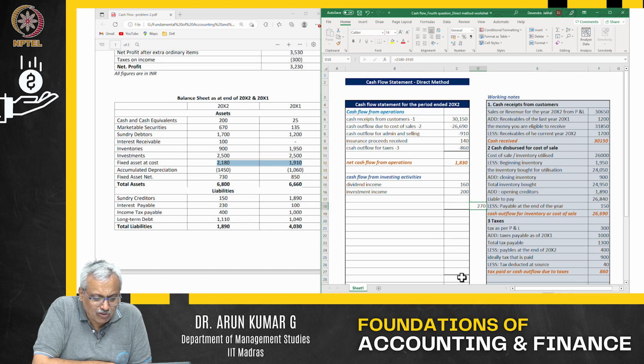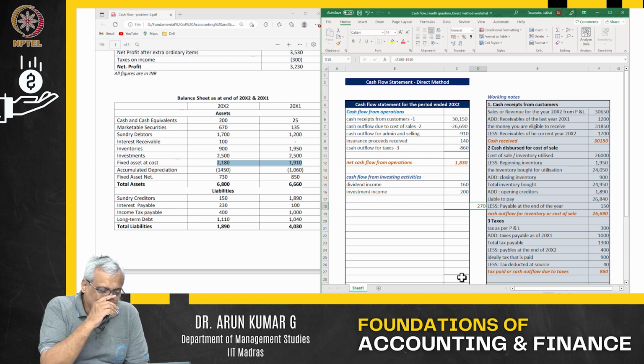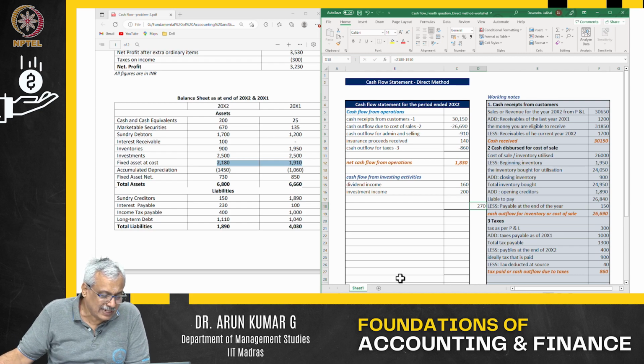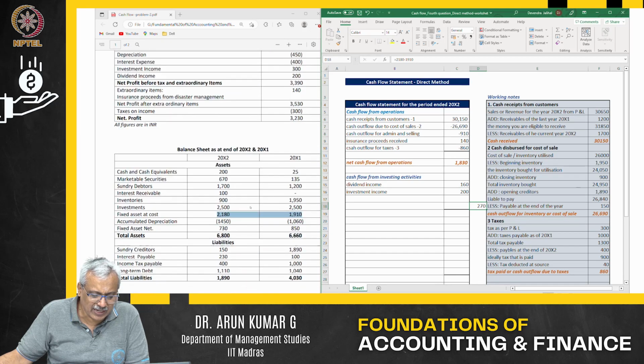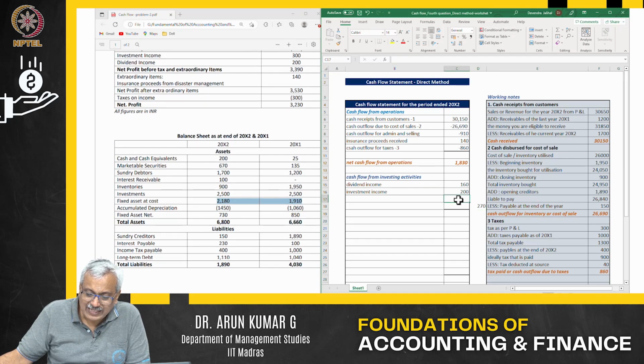Is there a cash outflow of $270? Well, yes and no, because I do not see any long-term liability payable because of fixed asset purchase. So in a way, yes, that is the amount of cash that should have ideally gone out for purchasing a fixed asset.